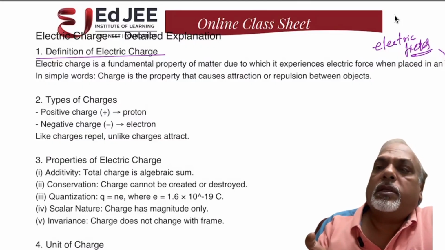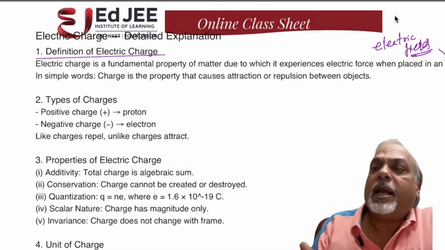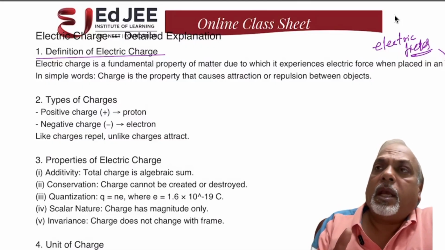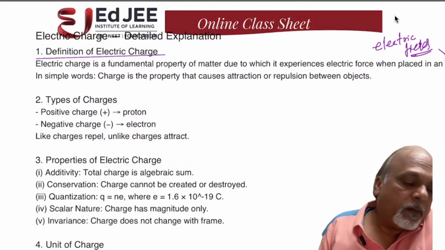You must have seen in your gravitational chapter in class 11 that two masses attract each other. Here, in case of charges, like charges repel, and unlike charges attract. So both repulsion and attraction are there, while in the gravitational chapter only attractive force is there between the masses.